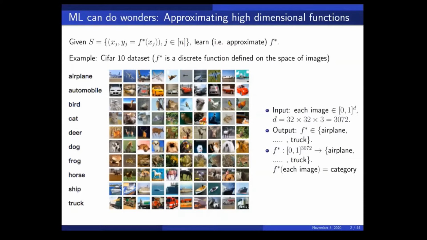So mathematically, we can think of this as trying to approximate a function f star, which is a mapping. It's a function defined on the 3072 dimensional hypercube, and the function takes 10 values. So this is one example.